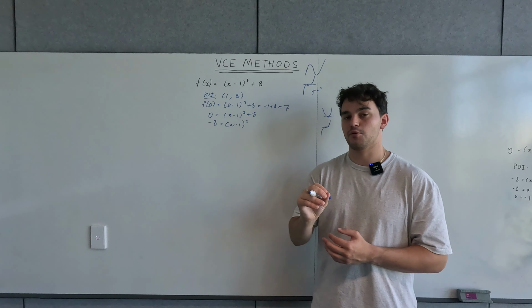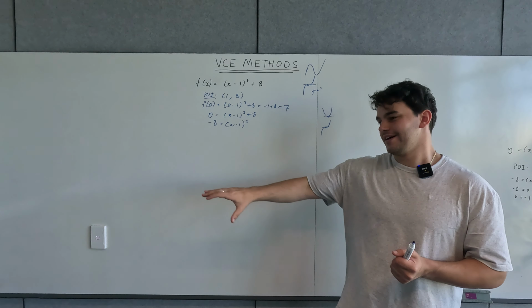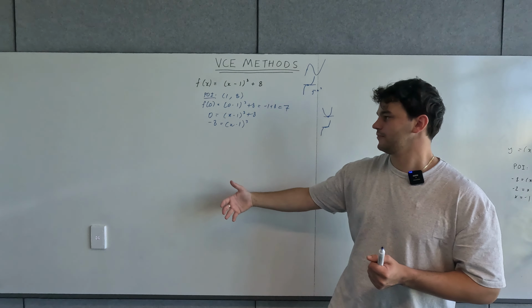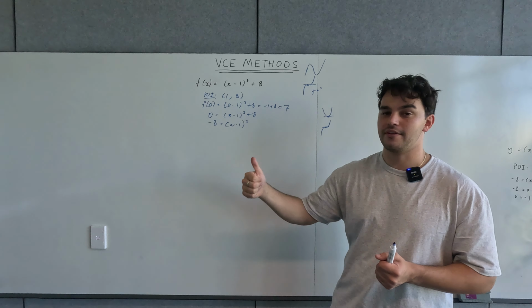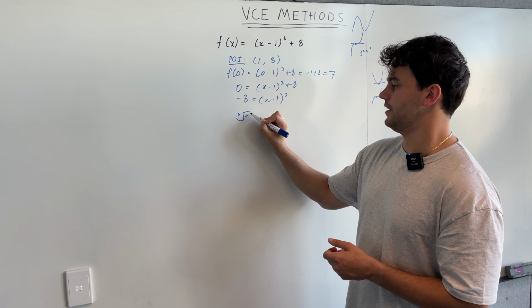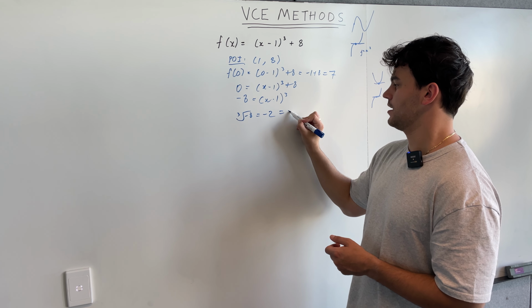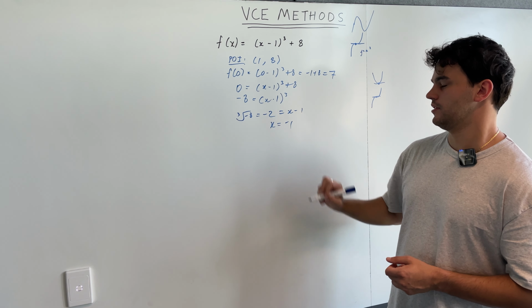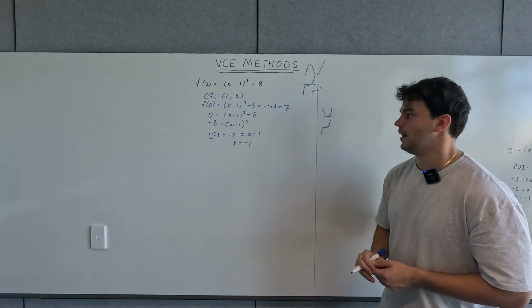You just can't do even roots, because you can't have a negative number multiplied by a negative number become a negative number again, but a negative number multiplied by itself 3 times remains negative. So this will just become the cube root of negative 8, which is equal to negative 2, is equal to x minus 1. Therefore, x is going to equal negative 2 plus 1, which becomes minus 1.